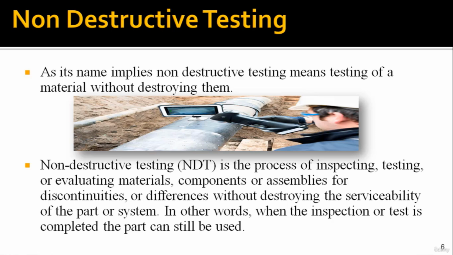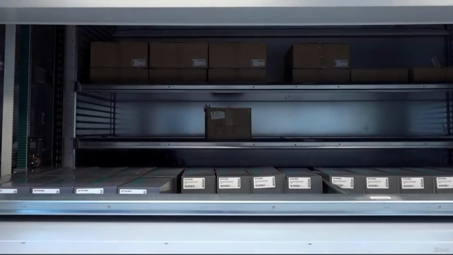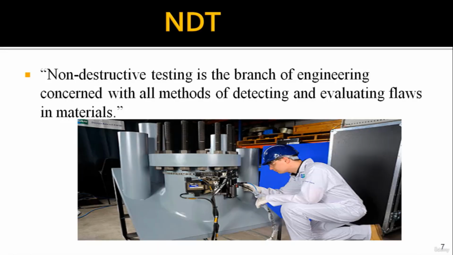It's not like destructive testing where you cannot use the part again after the testing. Non-destructive testing is a branch of engineering concerned with all methods of detecting and evaluating flaws in materials. It means you can detect each and everything by various types of NDT methods. Here you can see in the diagram that an engineer is performing NDT testing.